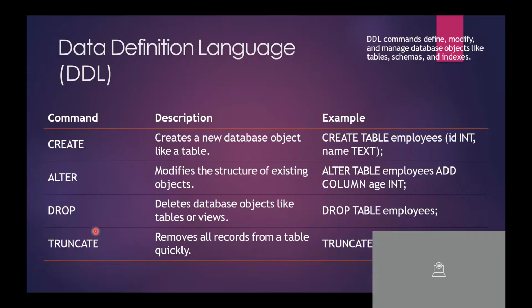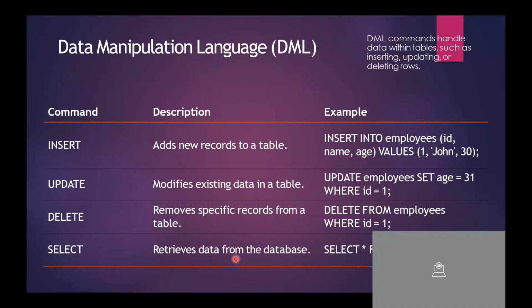And if you want to remove the name column entirely, you will use drop. The delete command is also used, and we will see it later. Truncate removes all records from your table quickly. Suppose you want to delete everything in your table, then truncate table is used.